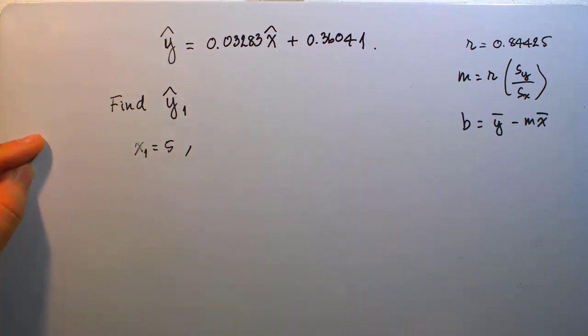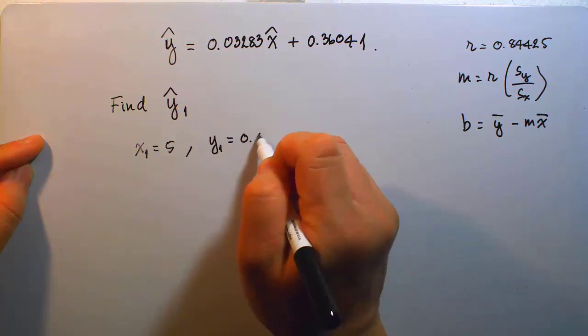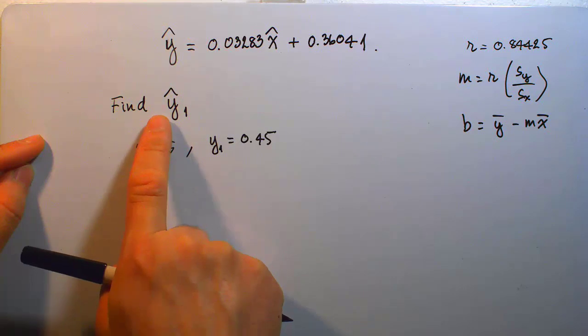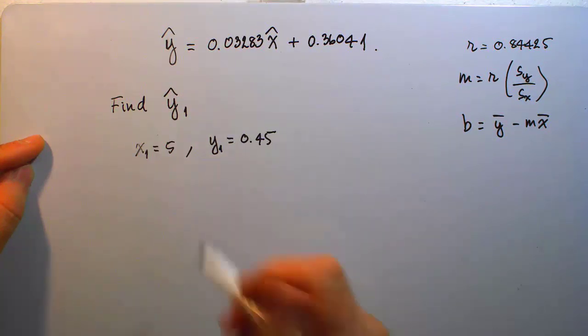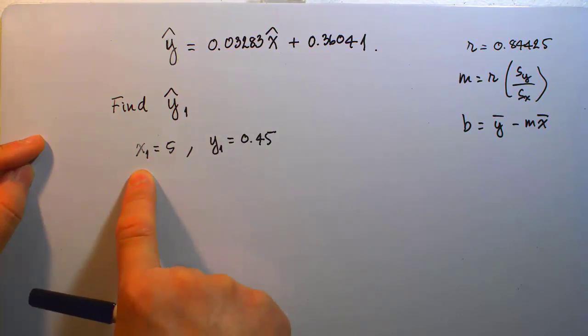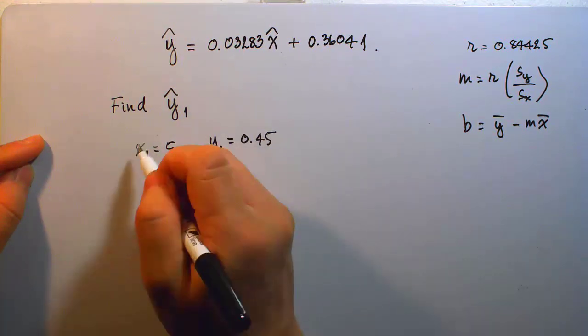And in the first data pair, we already had y1 equals 0.45. And so this question is asking for finding y hat 1, meaning we are going to find the prediction using that x value, x1, from the first entry. So the intention and the instruction of the problem is pretty clear.